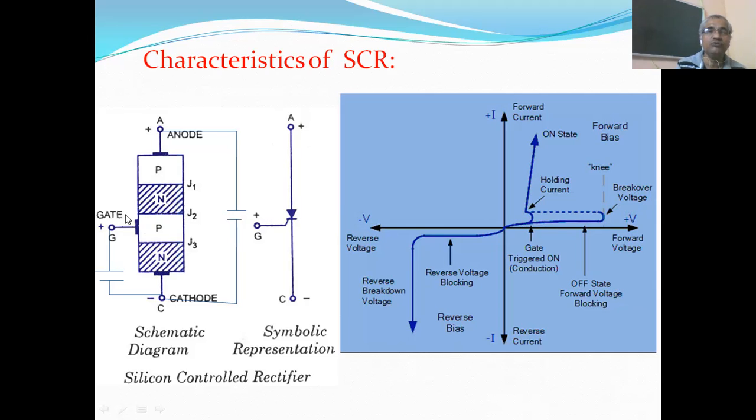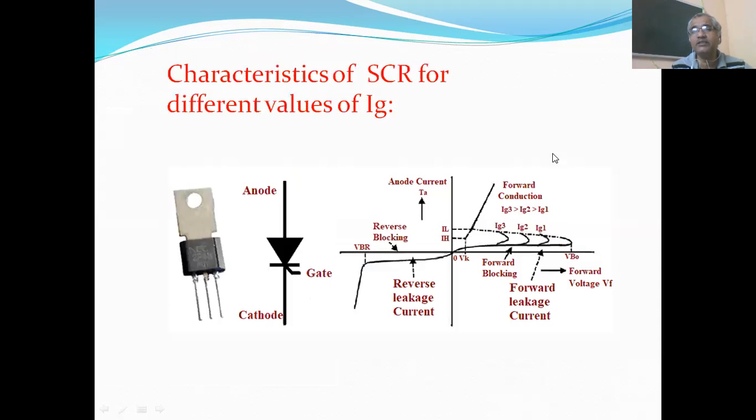Once J2 starts breaking down, the anode current will increase suddenly, and as the anode current increases suddenly, the anode to cathode voltage will decrease. Therefore, at the breakover voltage, junction J2 breaks down and the anode to cathode voltage drops suddenly, but the anode current increases.